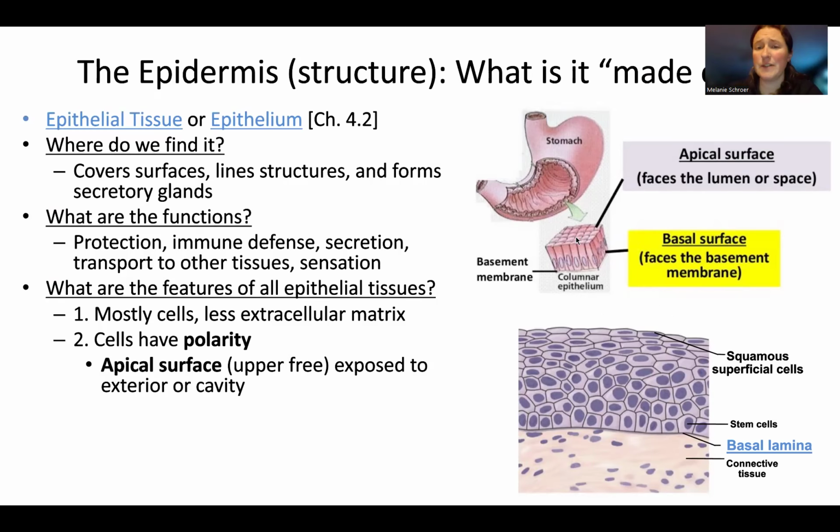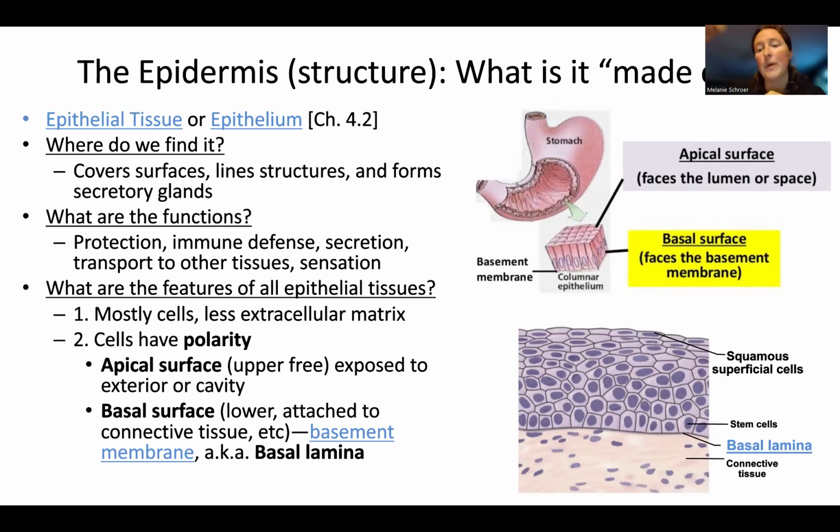The apical surface points into the lumen, into the opening of the organ, or outside the body. And the basal surface points deeper into the wall of the organ, or into the body. And so the basal surface of the deepest layer of epithelial cells is always attached to a little bit of connective tissue called either the basement membrane or the basal lamina.